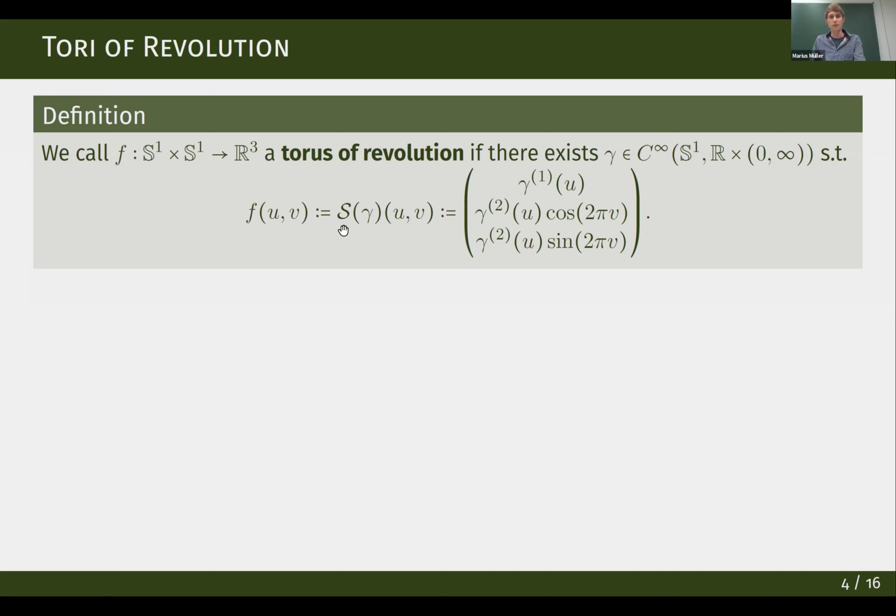I will always abbreviate this torus of revolution as S of gamma. So if you have a closed curve in the upper half plane, then you can form S of gamma and think of it as the surface that revolves gamma around the x-axis. Okay, so this will be my notation for that.